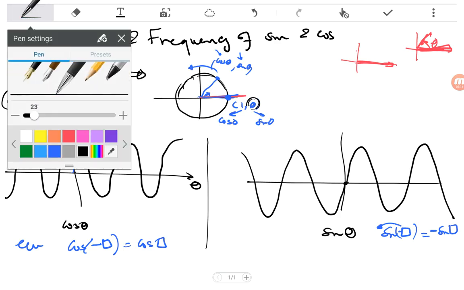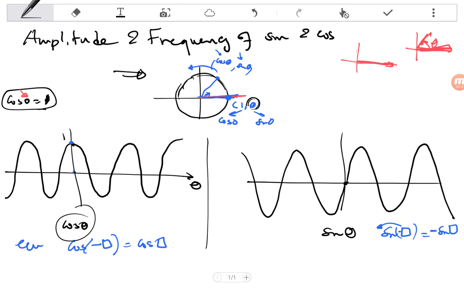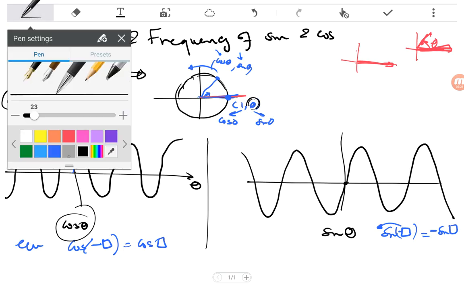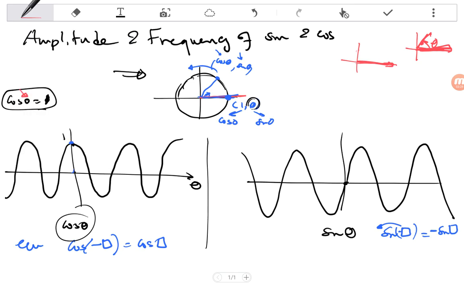And we have learned also what the period of cosine theta and sine theta is. What is meant by a period? A period is an interval for which the function repeats itself. If you notice here, starting from here, you will eventually get to 2 pi, which is 360 degrees.